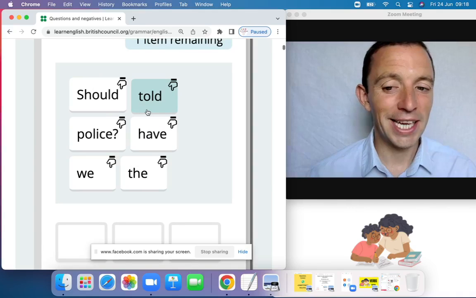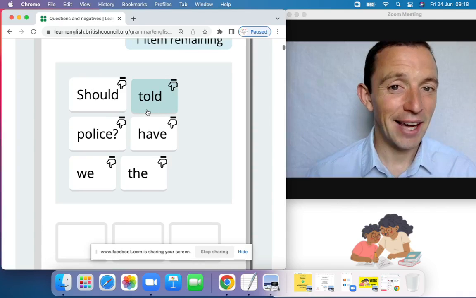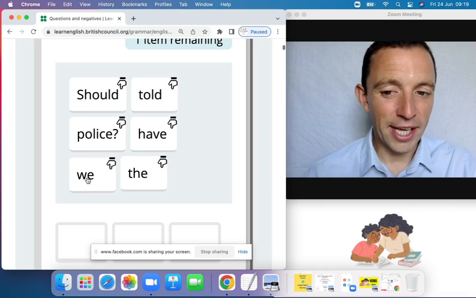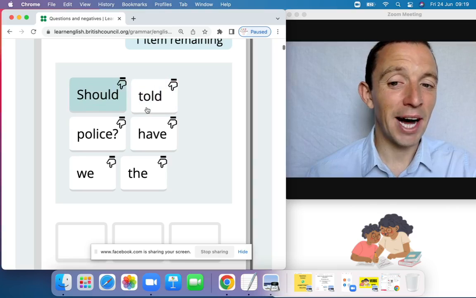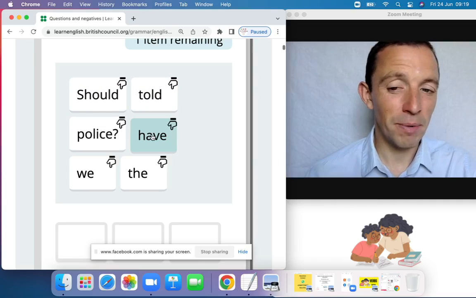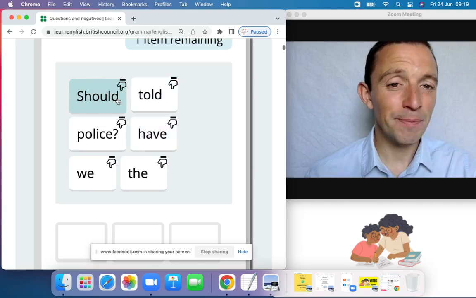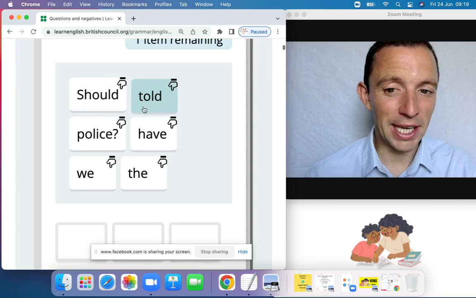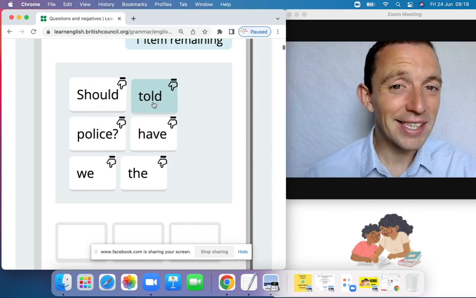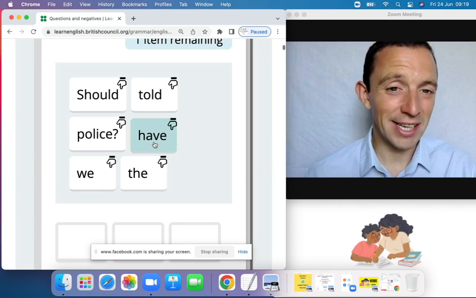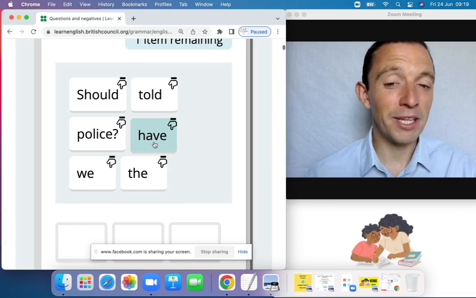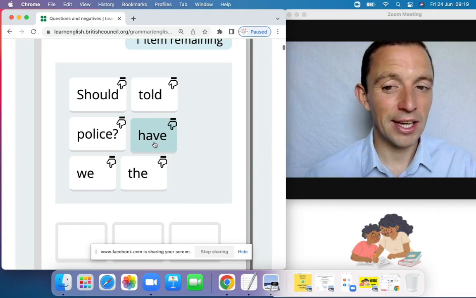Next. Should, told, police, have, we, the. The subject, we. The verb, have, plus should, plus told. We have 3 verbal forms for the verb. So should is the modal, and that typically is at the beginning, and told is the participle of tell, the third column, tell, told, plus the extra auxiliary verb have becoming the present perfect, have told.